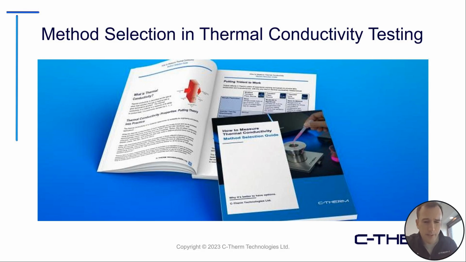This is a free resource. I think it's about 50 pages of content. It describes the different methods, steady state and transient methods, where they're applicable, where they're not, what are their principles of operation, what are their limitations. Very, very helpful in selecting the methods so that you can set your measurement and data set up for success.